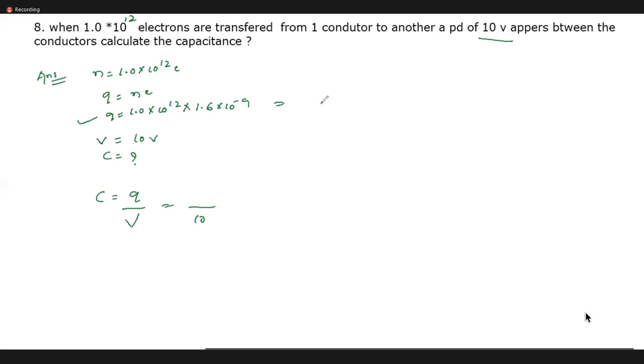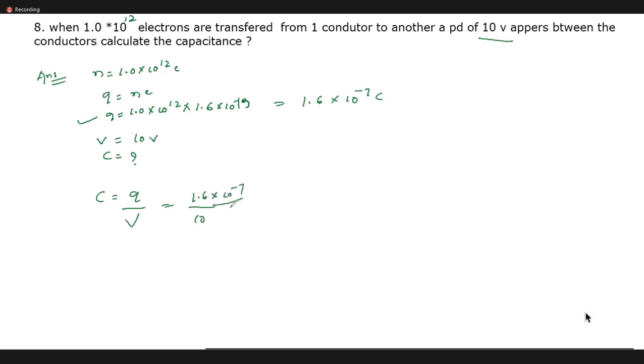1.0 into 1.6 is 1.6 itself, right? 10 to the power of 12, 10 to the power of minus 19. You are doing calculations here. 12 minus 19 is 10 to the power of minus 7 coulomb. 1.6 into 10 to the power of minus 7.